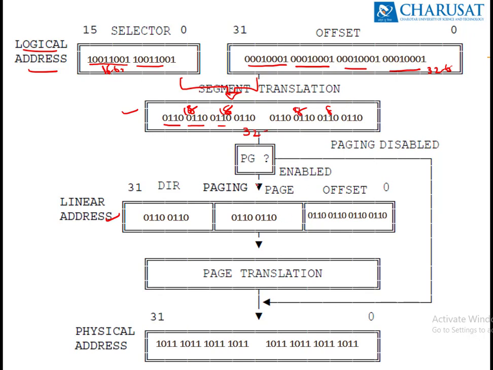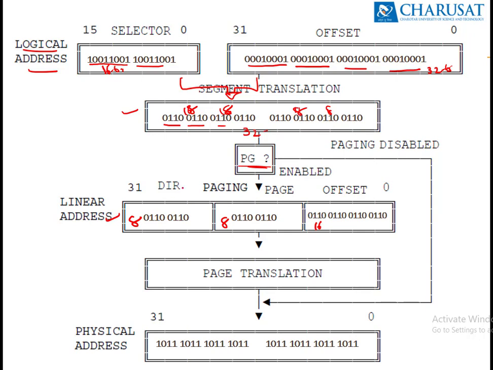Now if paging is enabled, I modified the previous diagram for a better understanding. If PG is enabled, then this address is further divided into 3 fields: directory, page and offset. The directory, in this case, I took as 8 bits. The page I took as 8 bits and the offset I took as 16 bits.